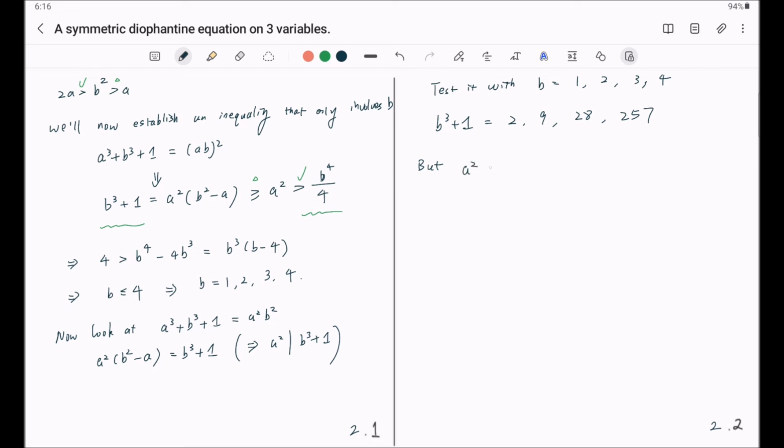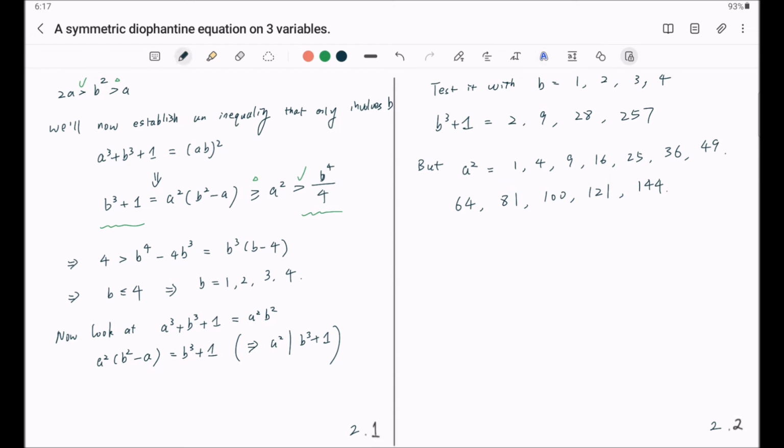The values of A squared: what are the squares in integers? They are 1, 4, 9, 16, 25, 36, next is 49, and 64, and next is 81, and next 100, next 121, and next 144.